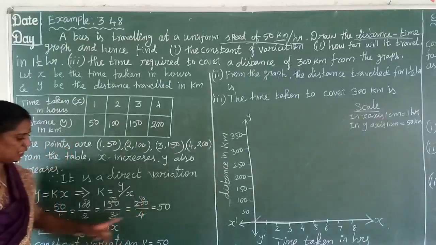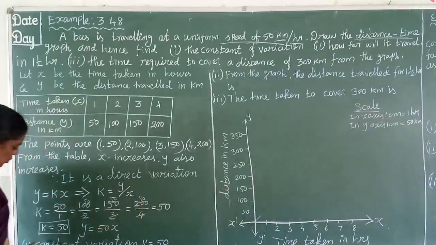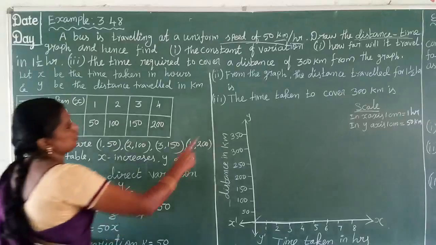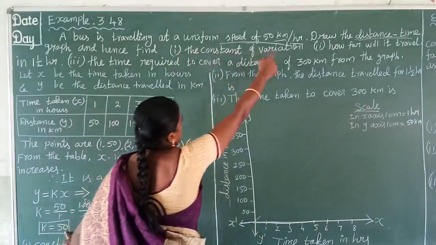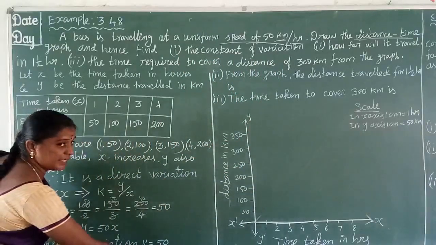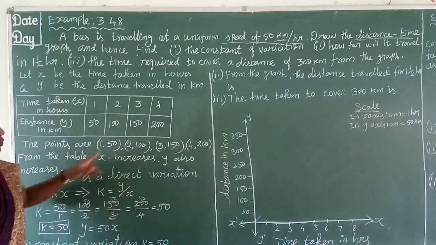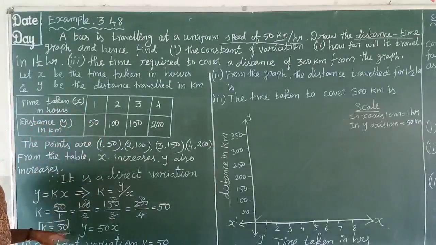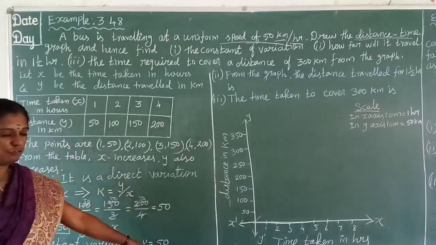So what is the k value? 50. So the proportionality constant is 50. So that is the first one: the constant of variation k is 50. Suppose you consider minutes, a different value will come. So we consider hours, that's why the constant of variation is 50.